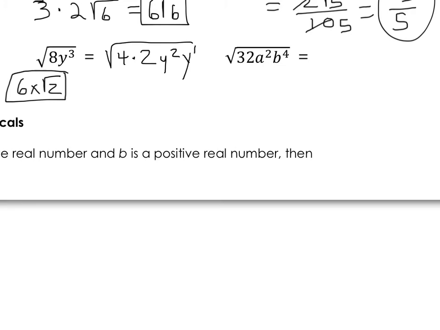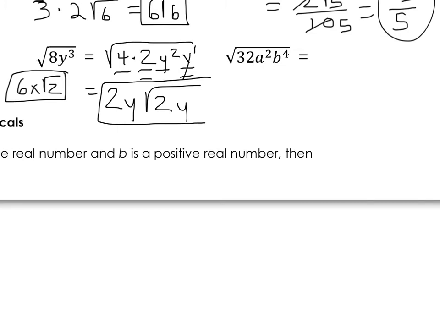Yeah, y squared times y to the first is y cubed. That's the same thing. So now I can take the square root of 4, that's 2. I can take the square root of y squared, that's y. I can't take the square root of 2. It's stuck under the radical. And y to the first is also stuck under the radical. So this simplifies to 2y radical 2y.